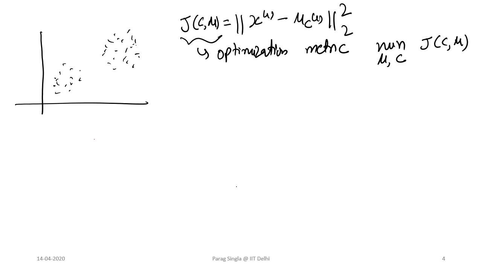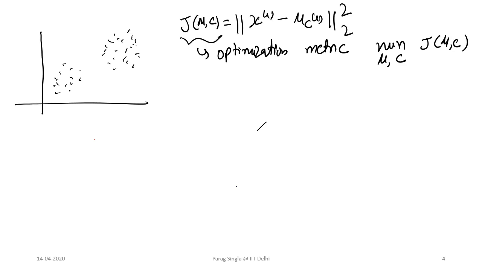I will just make it mu and c, to follow a uniform notation. So this is our J of mu and c.